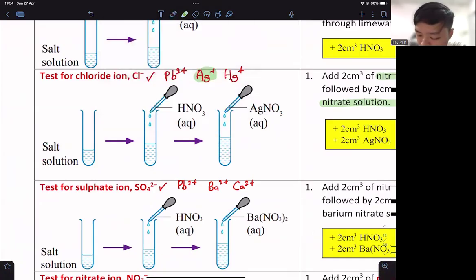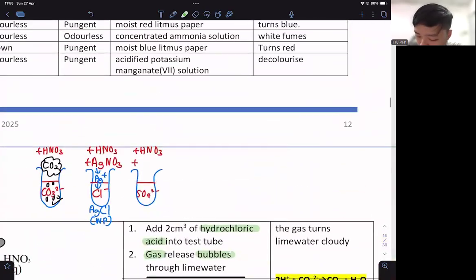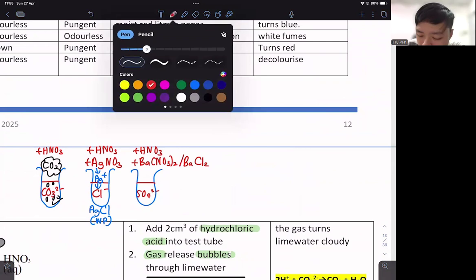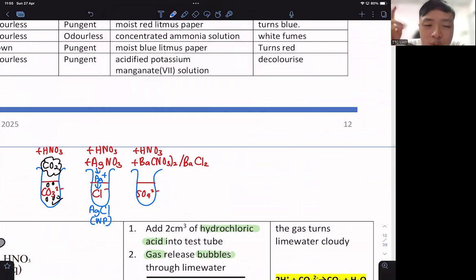So what I should do is add barium. Let's say I add barium nitrate. Sometimes you can see barium chloride. If it is a tricky question, they come up with barium chloride, but the point is not the nitrate or the chloride, the point is the barium.